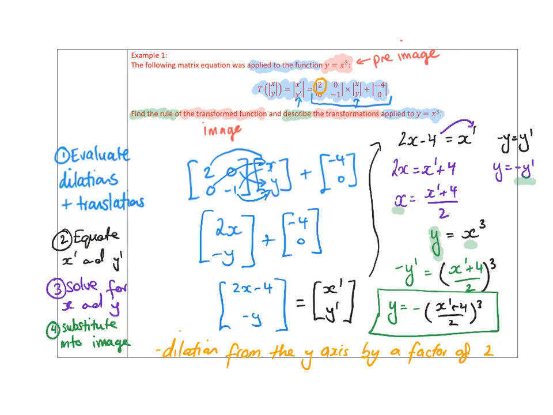We can also see from the matrix equation that there's a negative 1 down here, which would be multiplying all the y values by negative 1. Once again, we can reference our table here to see that there is a reflection, this will be about the x-axis as all the y values are changing.